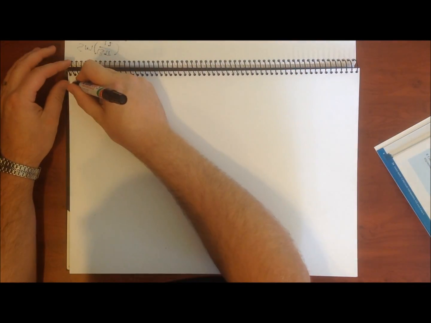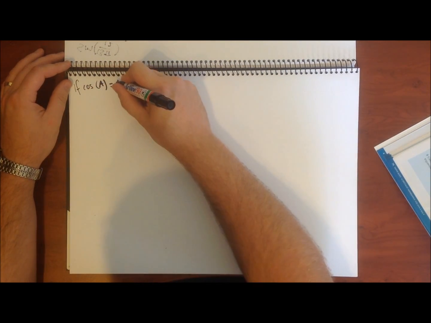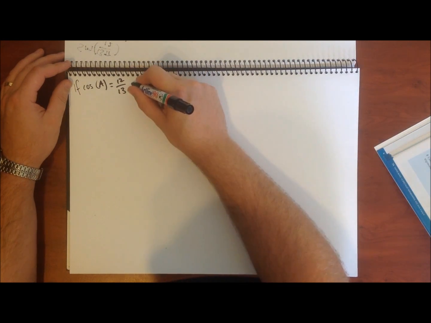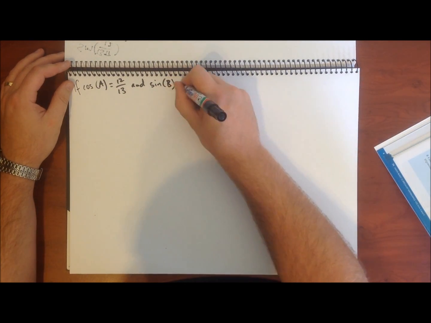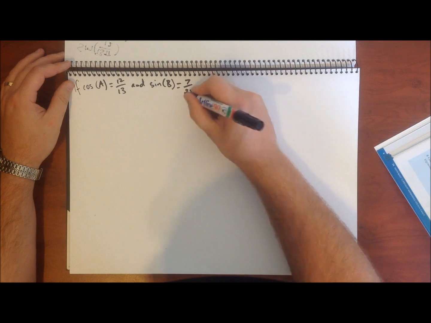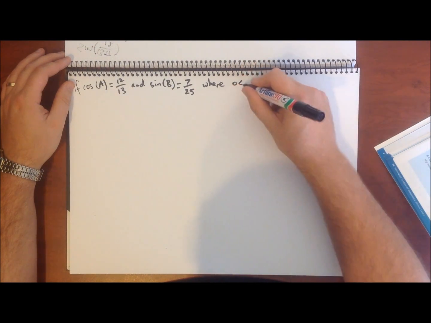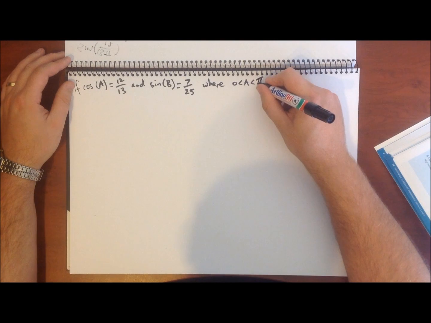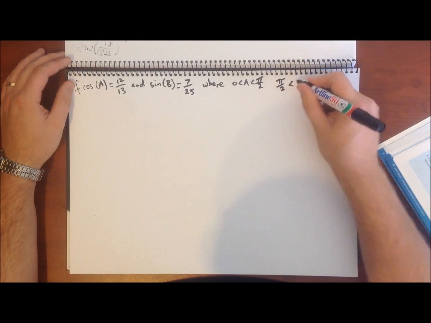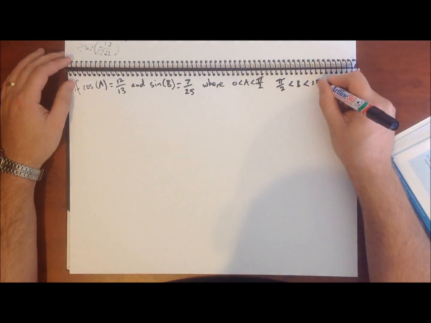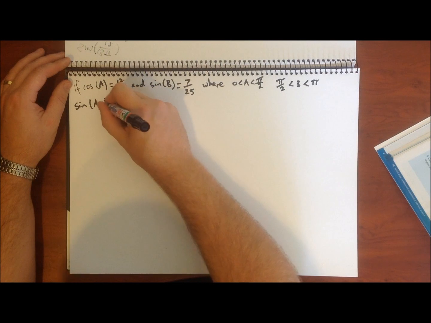So we're saying if cos of A equals 12 on 13 and sine of B equals 7 over 25, where A is in our first quadrant and B is actually in our second quadrant, we want to find the exact value of sine of A minus B.